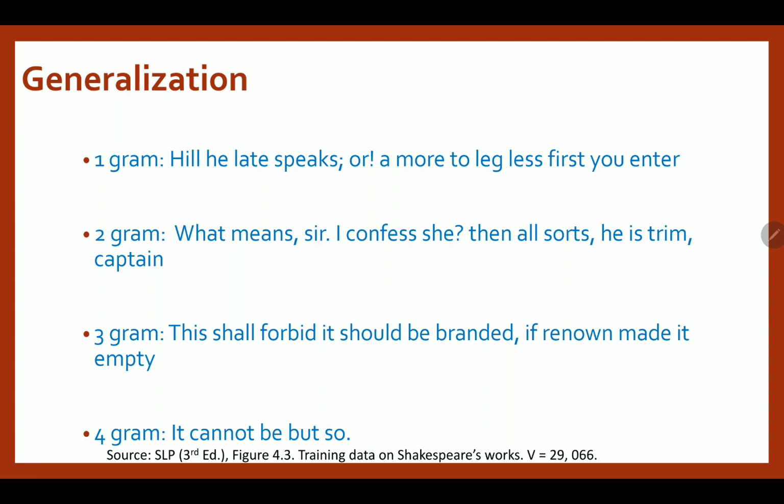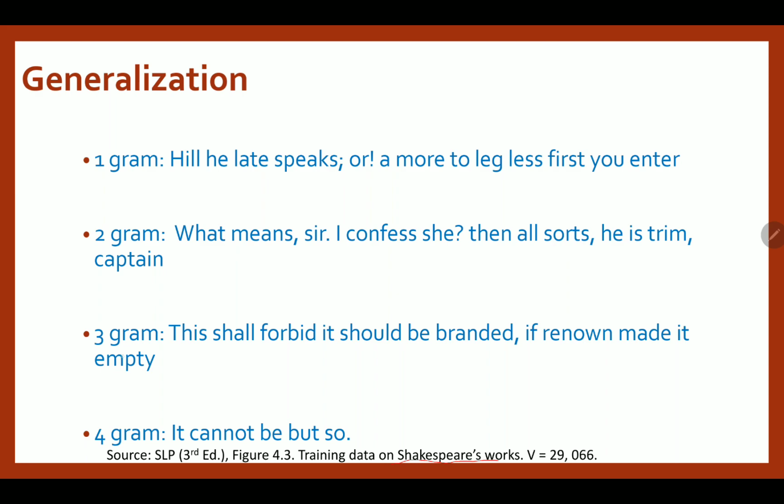Since this model was trained on Shakespeare's work, when it tries to generate sentences based on the unigram model, you see that it does not make much sense. But with the bigram, it makes somewhat better sense.